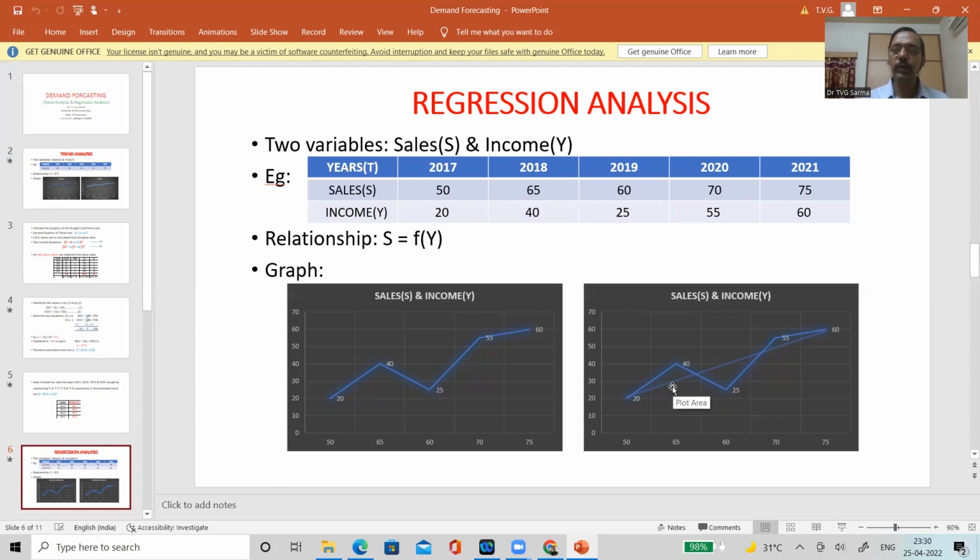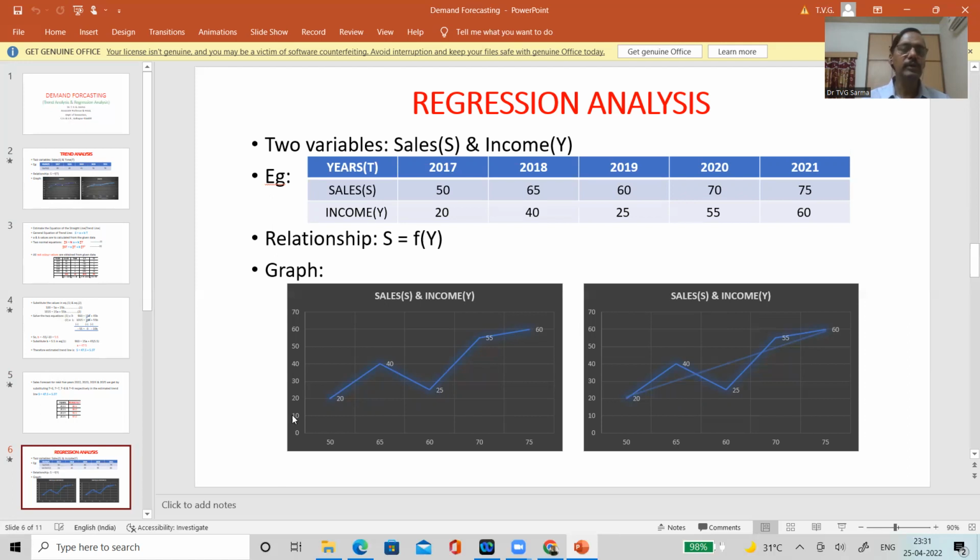Now this straight line, which tries to summarize the overall increasing tendency in the data, is called the regression line. We consider this a regression line because here the variables considered are sales and income and not time.